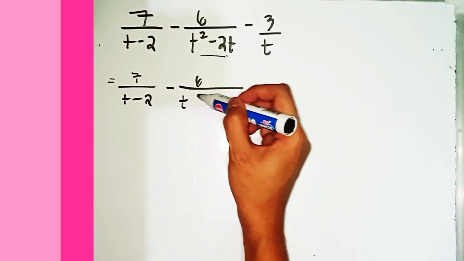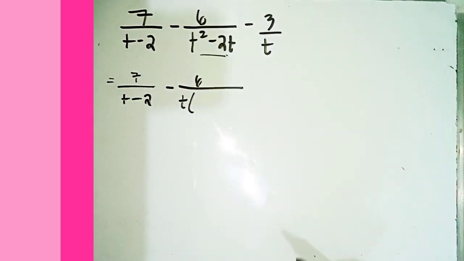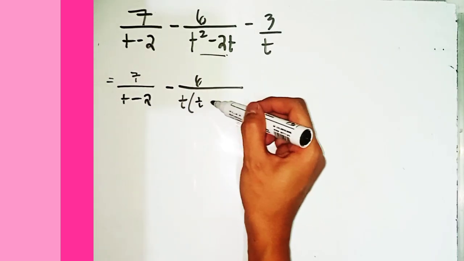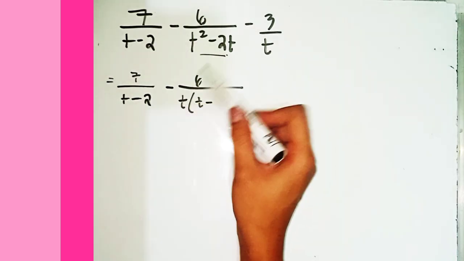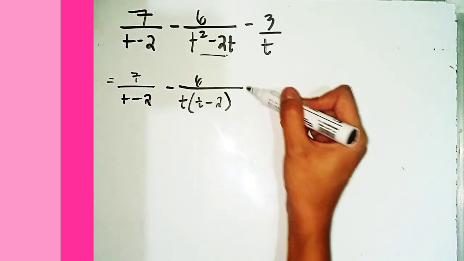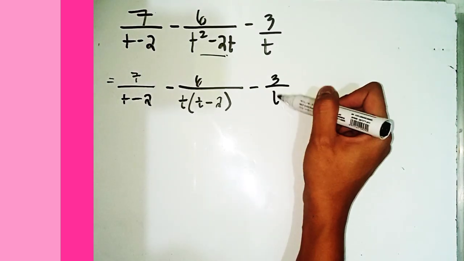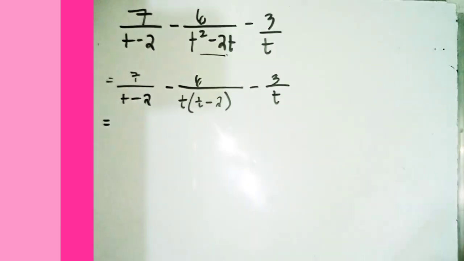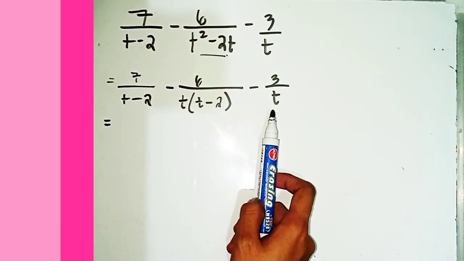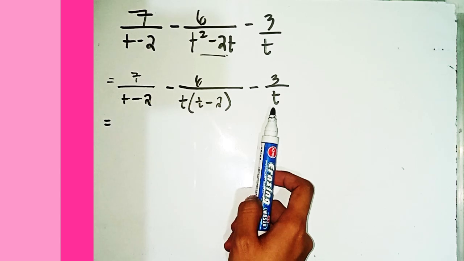That would be t. So t divided by t squared, that is t. And t divided by negative 2t, that would be negative 2. Minus, just copy that one. So since it's already in factored form, we can get their LCD. And their LCD would be t minus 2.